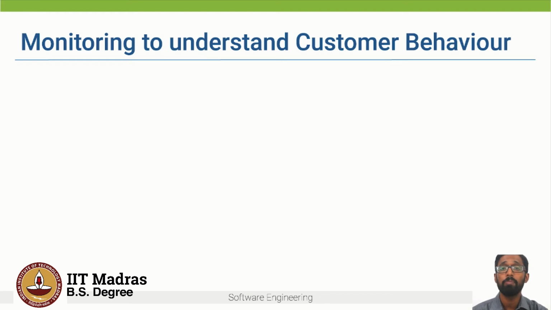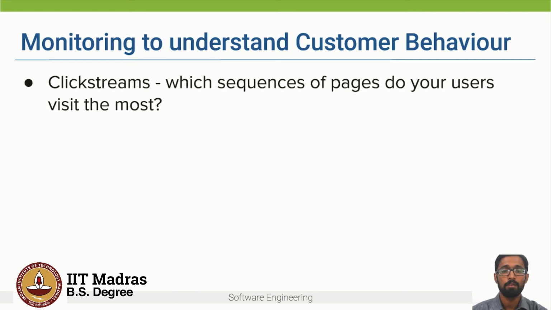Now another important reason why we should monitor our app is to understand how customers behave, right? For example, you can analyze click streams. Which sequence of pages do your users visit the most? Your website might have several paths which the user can take.